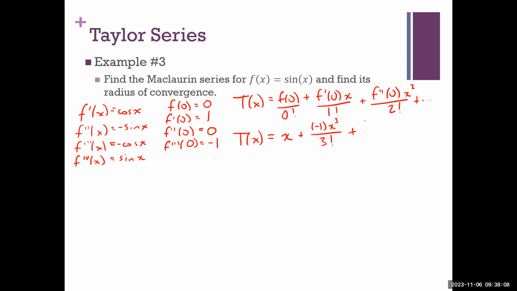So that's going to be 1 times x to the, what derivative was I talking about? Fifth. So fifth power over what? 5 factorial. And every 2, it will alternate between -1 and 1.